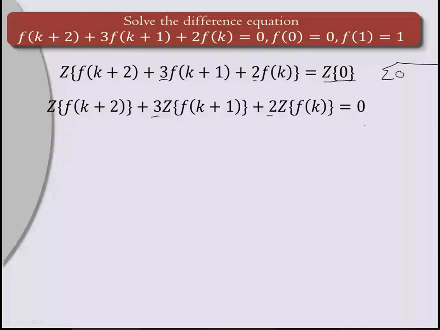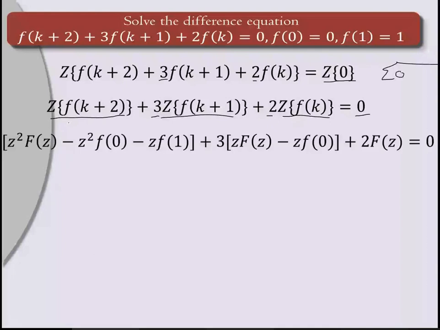Now, use the standard formula for f of k plus 1 and f of k plus 2. Z transform of f of k is F of z. So make use of those standard terms. By the standard formula, with power 2, we start with z square F of z minus z square f of 0 minus z f of 1.